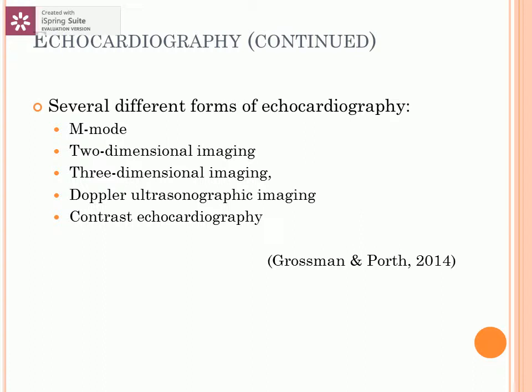The three-dimensional imaging is a more detailed image as well. Doppler ultrasonographic imaging uses ultrasound to record blood flow within the heart, and it's very specific to coronary blood flow. In contrast, echocardiography helps to delineate structures on the left side of the heart.